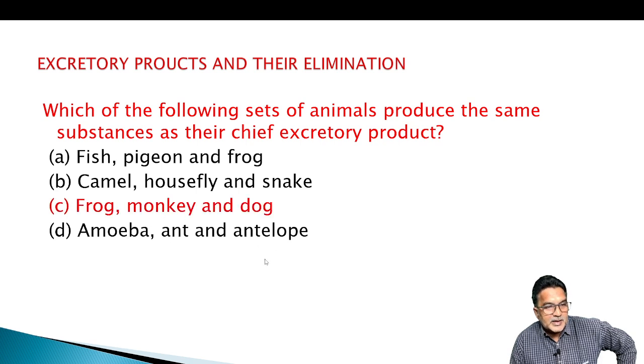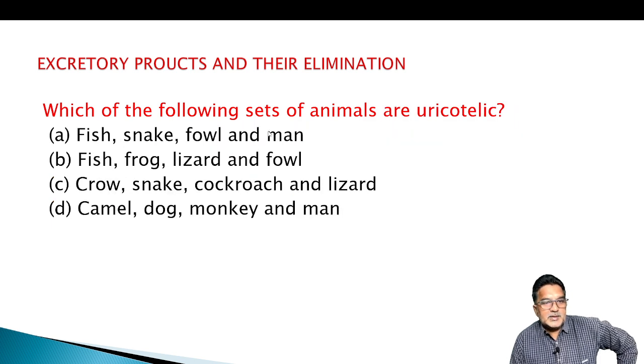Amoeba, ant and antelope is given in the next one. Which of the following sets of animals are uricotelic? Fish, snake, fowl and man. Fish, frog, lizard and fowl. Crow, snake, uricotelic they are asking here.